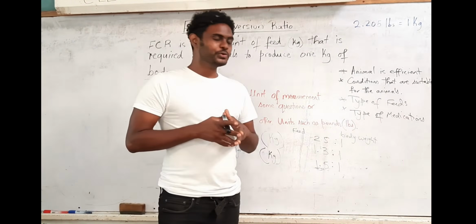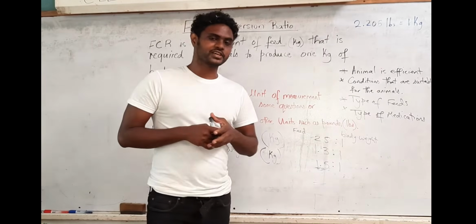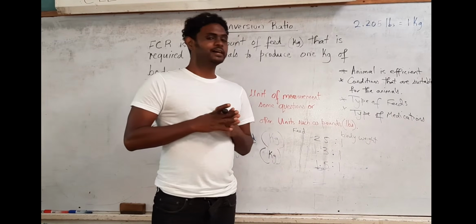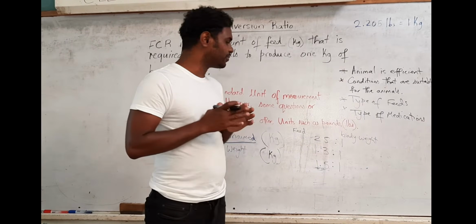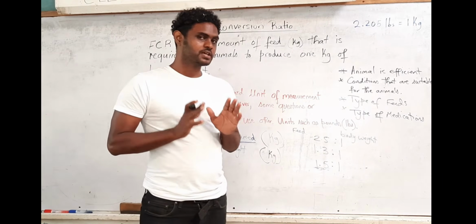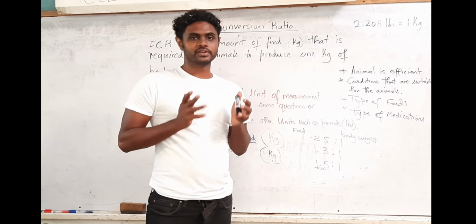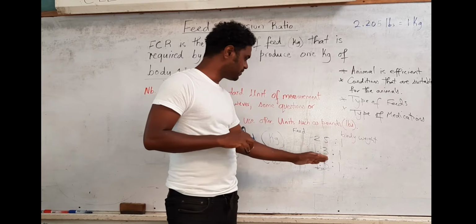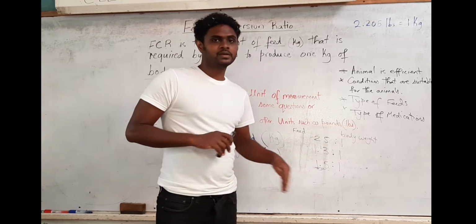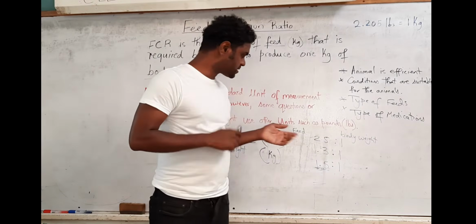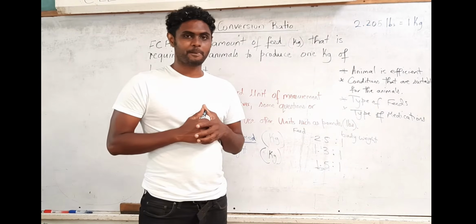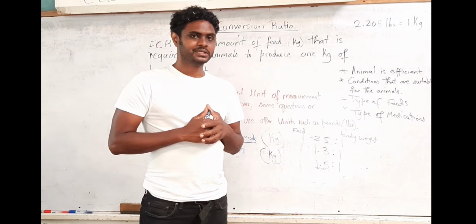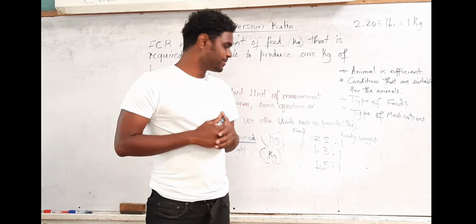But before we move to the calculations, I want to ask you a question. I said the FCR that is best for your animal, so you need to know how to read the ratio. Out of the three here, 2.5 to 1, 1.3 to 1, 1.5 to 1, which is the better FCR? Let's give you a few seconds to think about that.